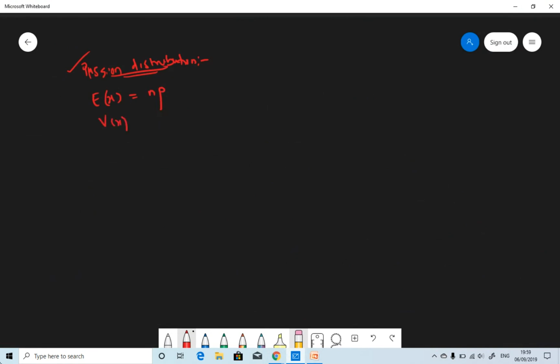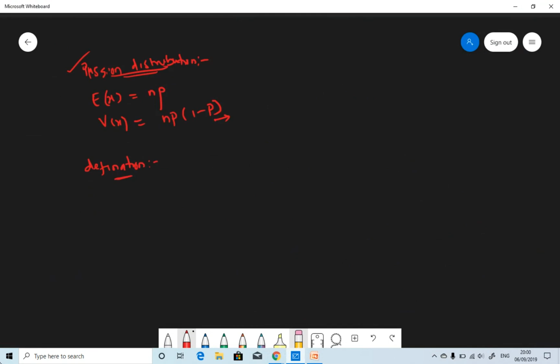My variance also remains np into 1 minus p. So when the p value here is small, from the definition of the Poisson distribution we can write.